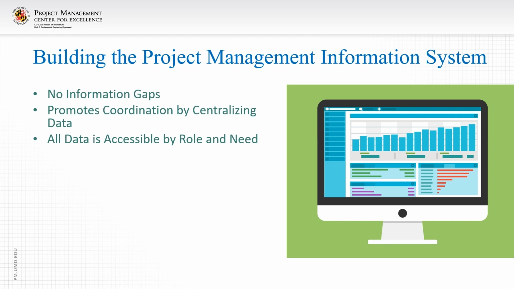Now, all the data is accessible by role and need, and I make sure that our project management information system is set up so that you have a right to know and a need to know based on your role. So not everyone needs to know all the information. For example, I may have some project team members that I don't need them to know about the budget or task on the entire project.